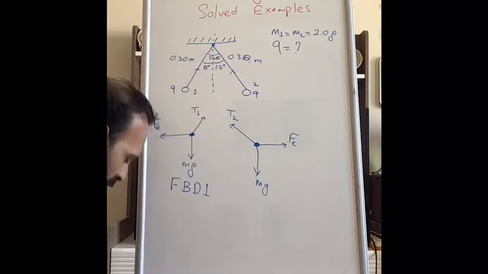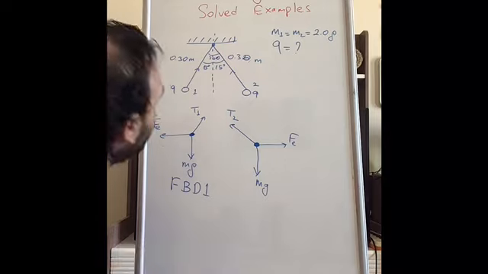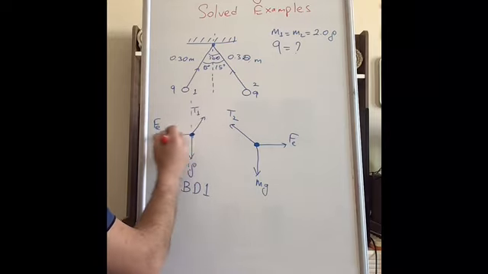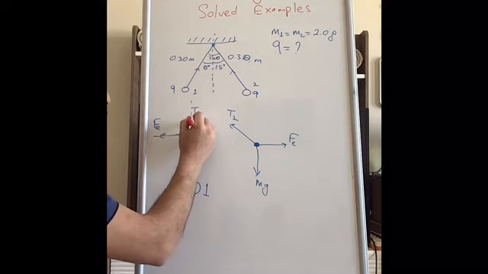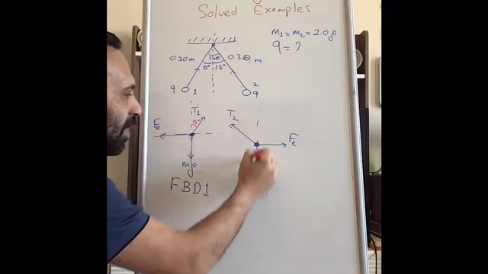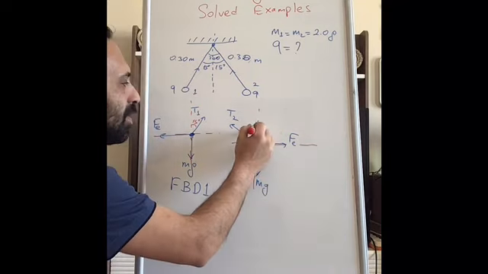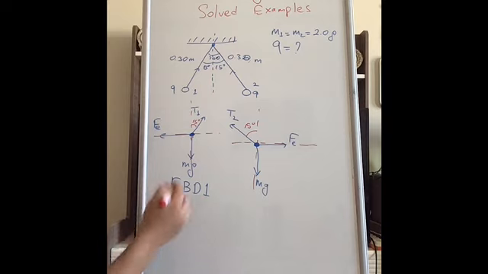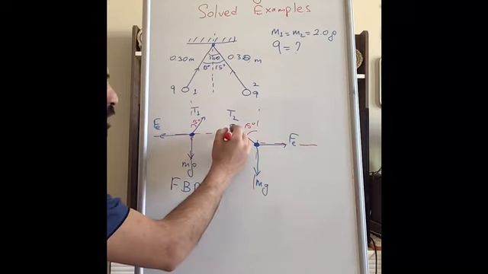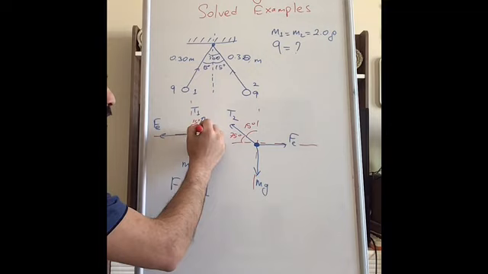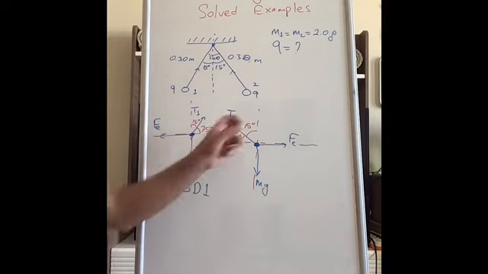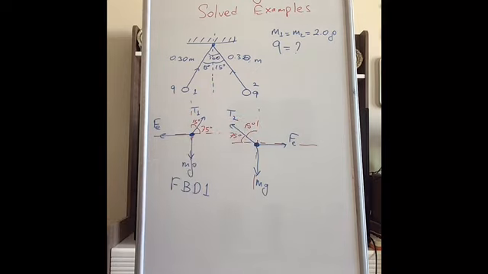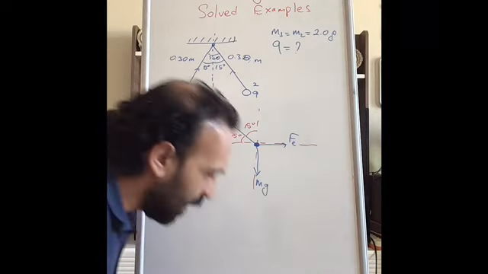If I put a coordinate system like this, y direction, this is x, this angle will be 15 degrees, and similarly here, if I put the coordinate system here, this angle will be 15 degrees. Or we can also write this angle as 75 degrees. You are free to use either one, 15 degrees or 75 degrees, but you need to be careful in using cosine and sine once you pick the angle.